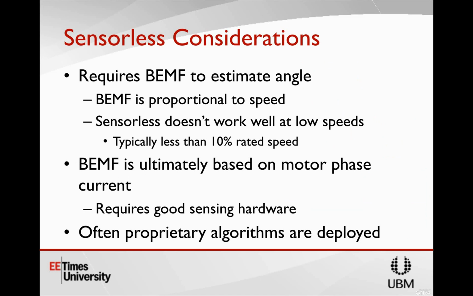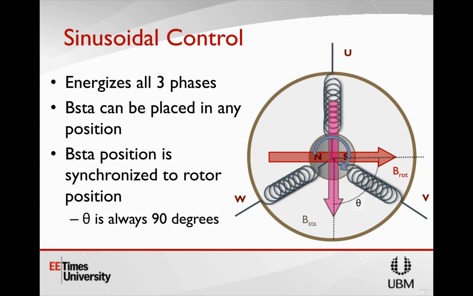So when there is no back EMF to sense, how do you actually get the motor to begin rotating? If I jump back to our motor diagram, we can talk about how sensorless startup works, as an example of one of many different implementations. This technique is called an align and go technique. We can impose a specific orientation of the stator field on the motor for a brief amount of time.